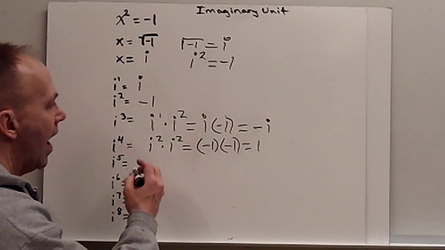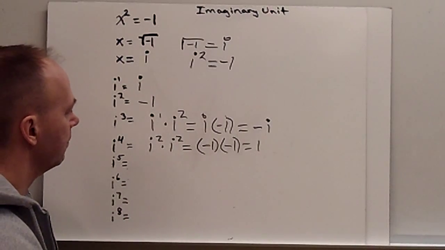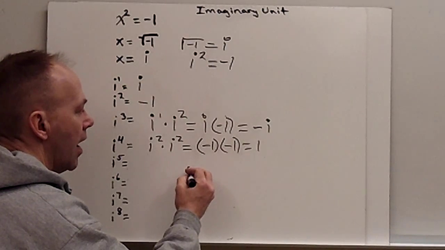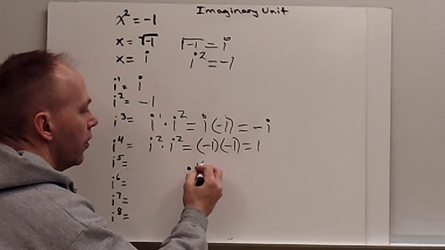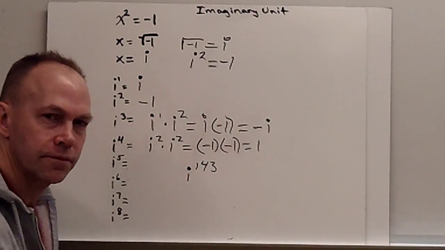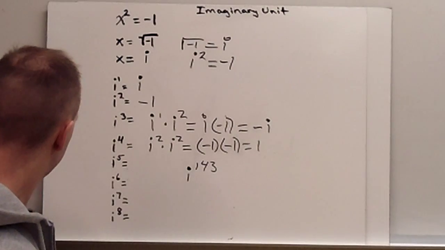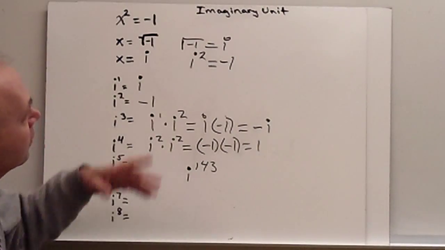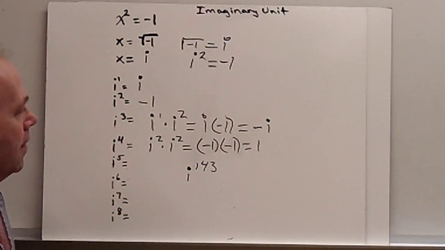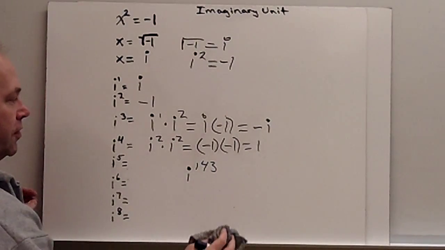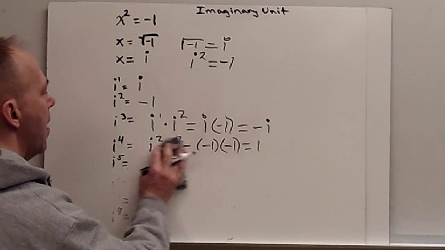In fact, after you do that, I would like for you to figure out what is i to the 143rd power. Think you can do that? I think you can. Okay, so that's the imaginary unit i. So we've got this set of numbers called imaginary numbers.